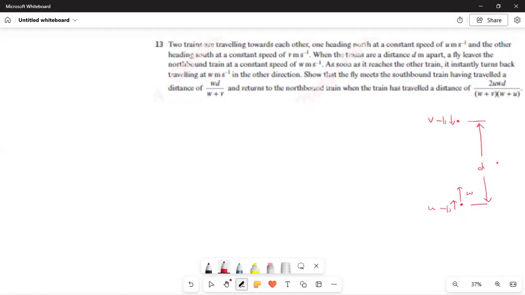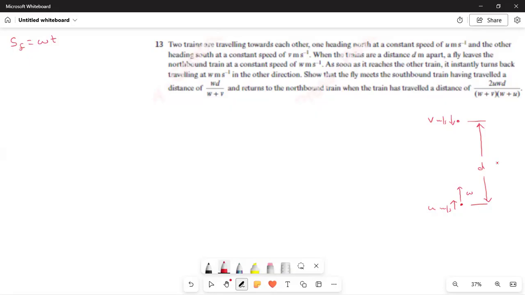So how will I address this question? The distance traveled by the fly: since its speed is w, it is a function of time basically. So it will travel a distance of wt, right? Now, what is the distance traveled by the southbound train?